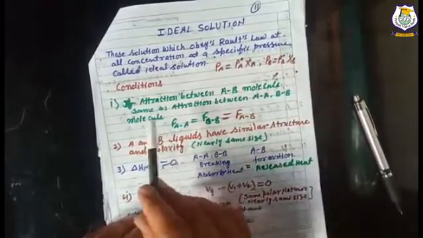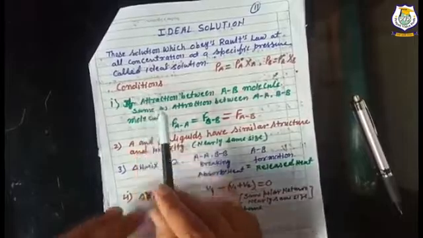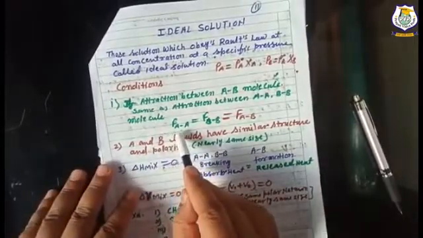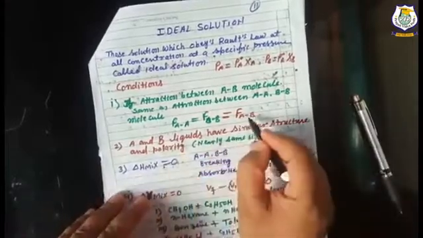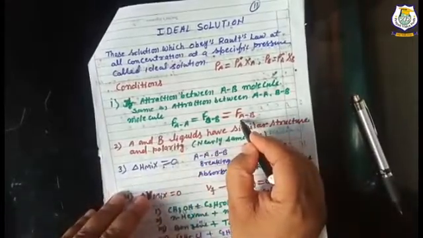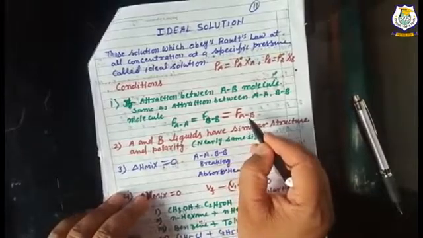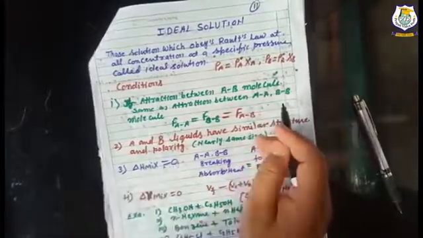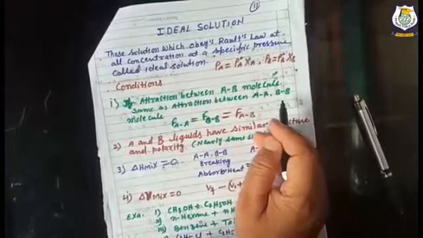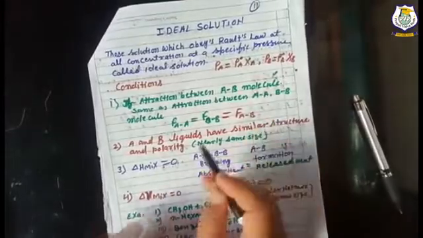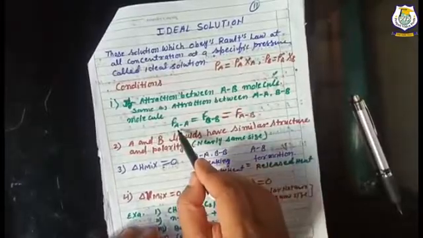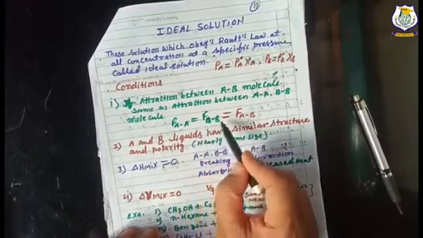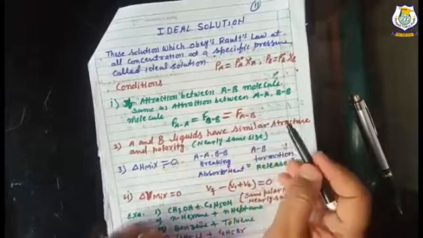The condition of an ideal solution is that the interaction force between A and B, solute and solvent (B is always the solvent and A is the solute), is equal to the interaction force of A and A and B and B in the pure state.